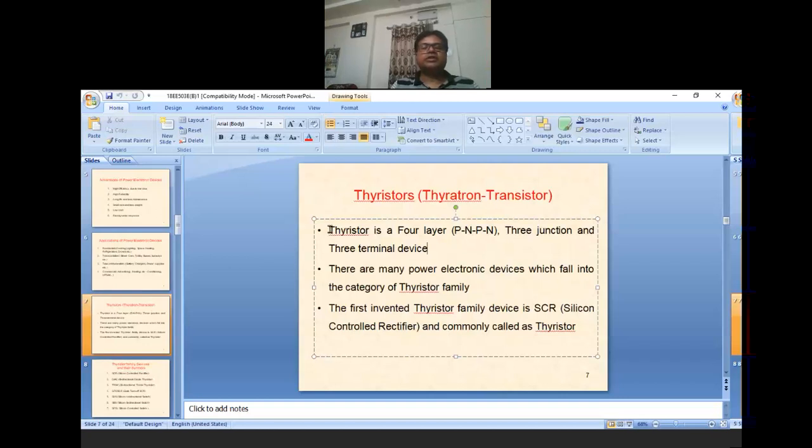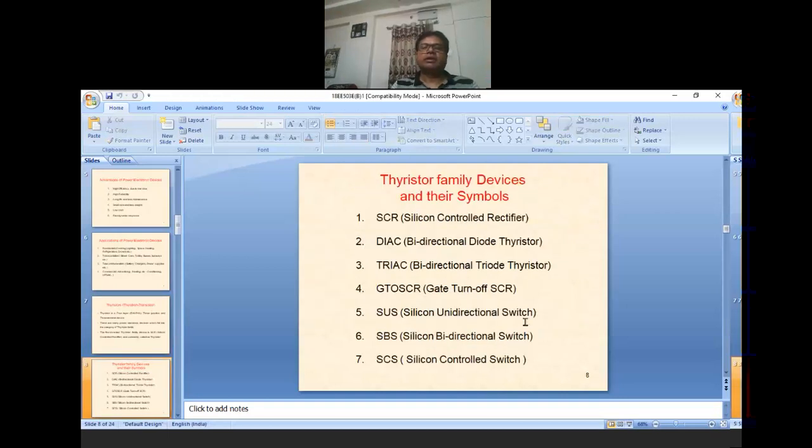Though the first power electronic device designed was the thyristor or SCR, there are many more power electronic devices which fall into this category, and so they are called the thyristor family devices. The first invented thyristor family device is the silicon controlled rectifier, commonly called the thyristor.